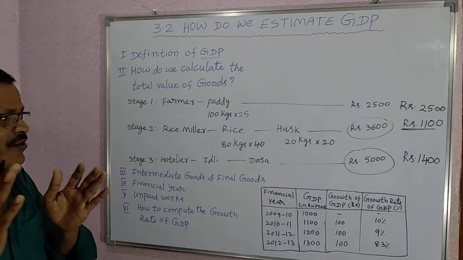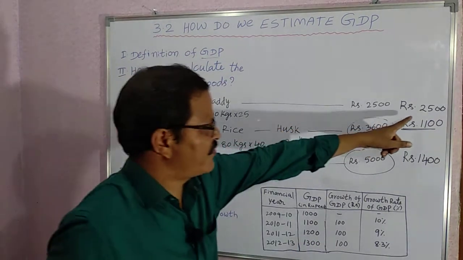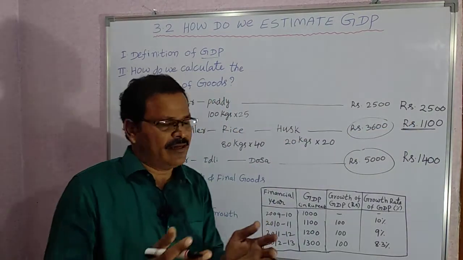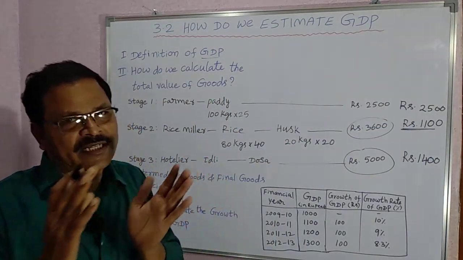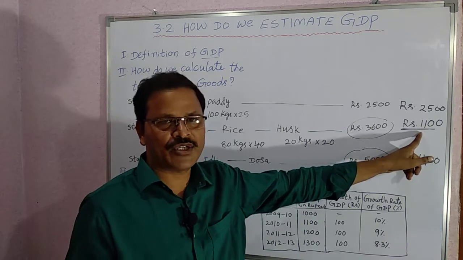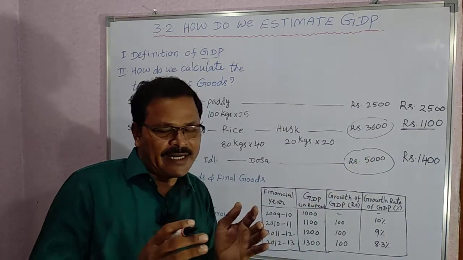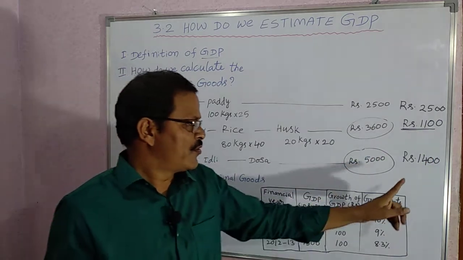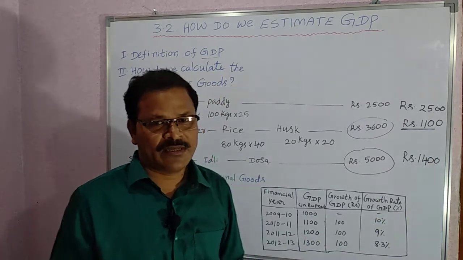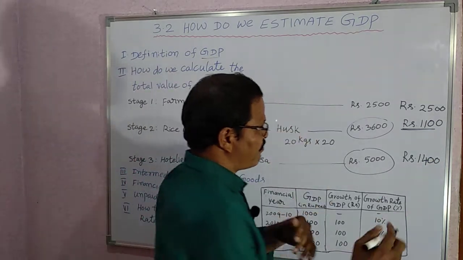The original value of paddy is 2,500 rupees. The value added at the second stage is 1,100 rupees. The value added at the third stage is 1,400 rupees. What is the total value of paddy?